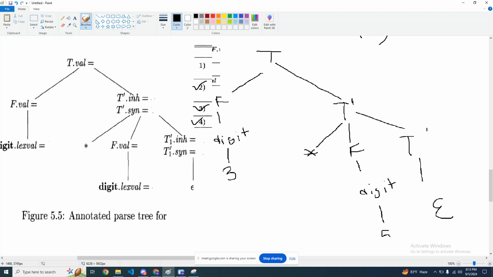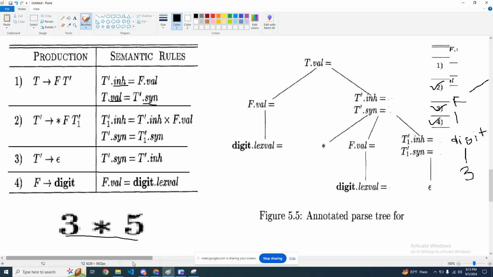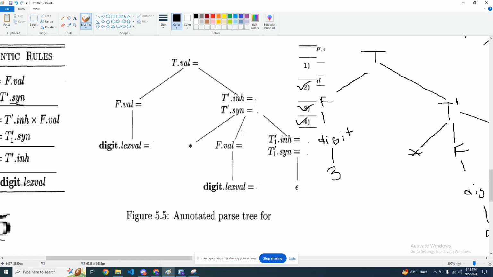Similarly for f, only one. Similarly for this digit, only one. But this t prime again has two attributes, one inherited, one synthesized, so we need to write it two times. Is it clear how you can draw this annotated parse tree for this string? 3 into 5. Is it clear?